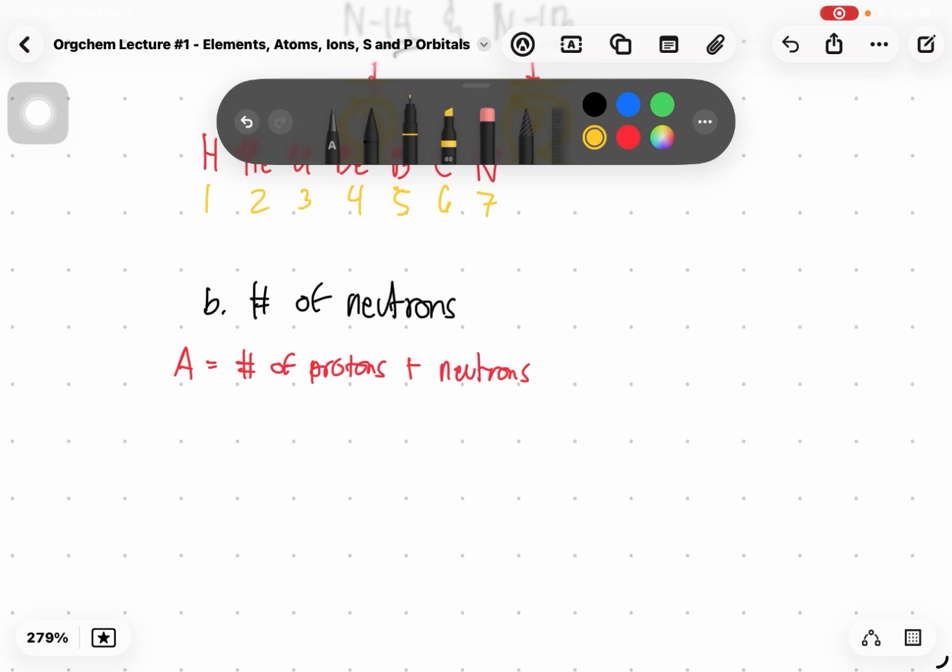So for N14, we have 14 minus 7, and we have 7 neutrons. That's for N14. For our N13, we have 13 minus 7, which is 6. So we have 6 neutrons for N13.